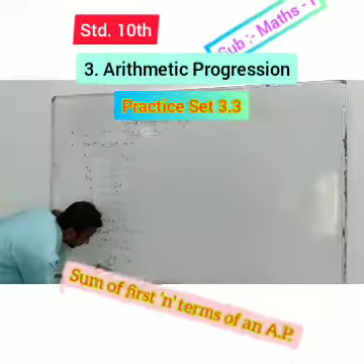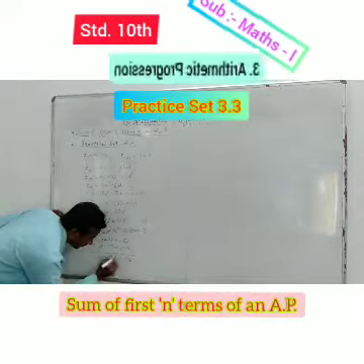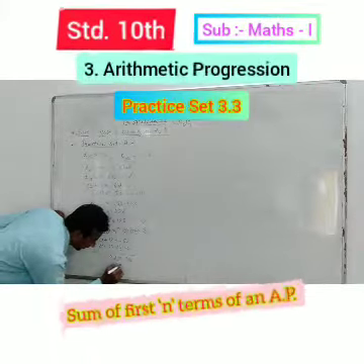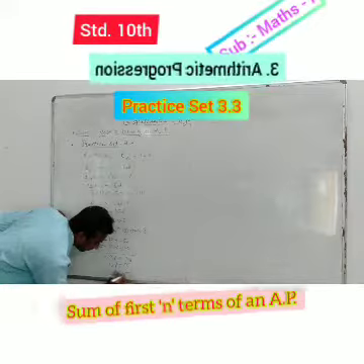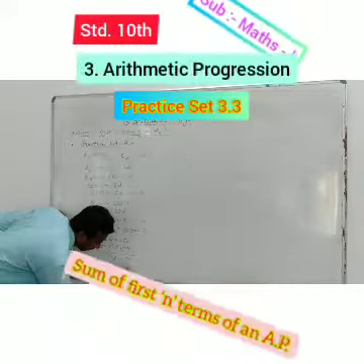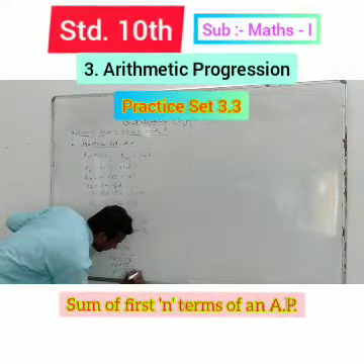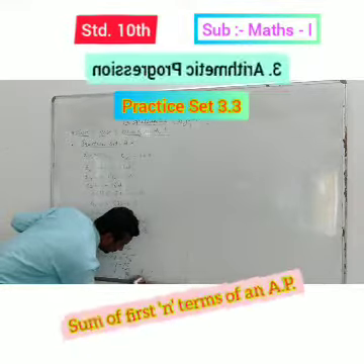Minus minus becomes plus, means 19d equal to 76. Therefore d is equal to 76 upon 19, that is 4.